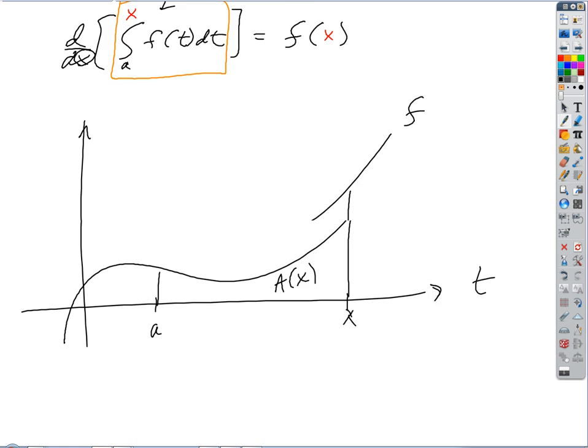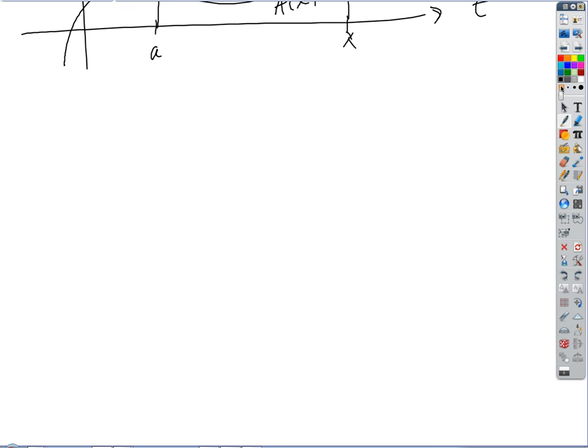Let's do an example. It'll help a bunch, I guarantee it. So what if we had something like this?